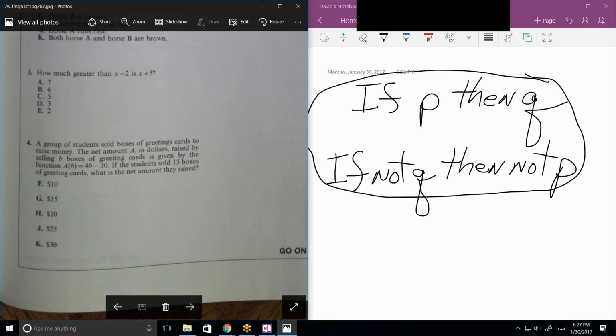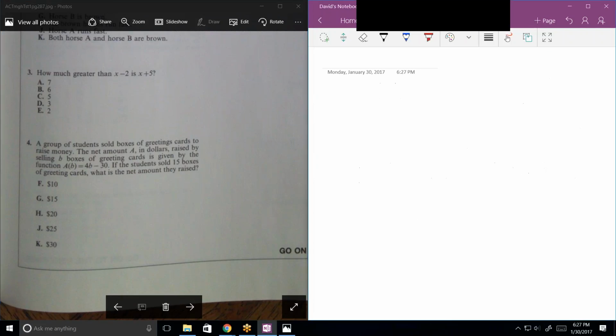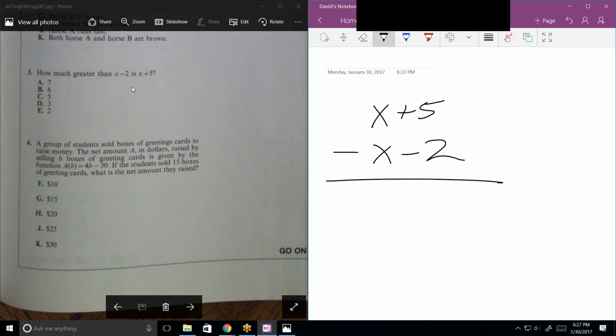Okay. Number 3. Is number 3 A? This should be, in other words, how much greater is it? You just subtract. I'm going to subtract x plus 5 minus x minus 2. We just have to find the difference.